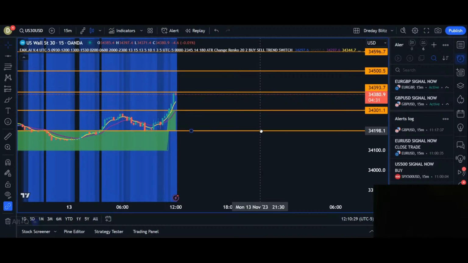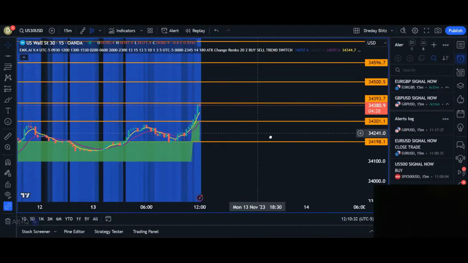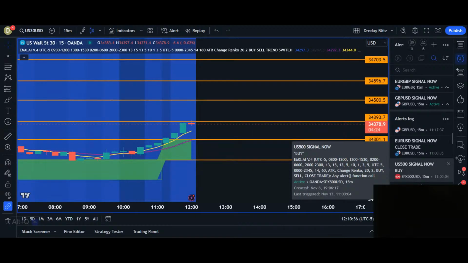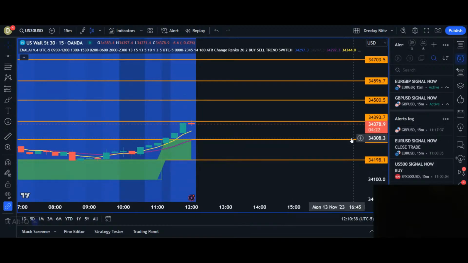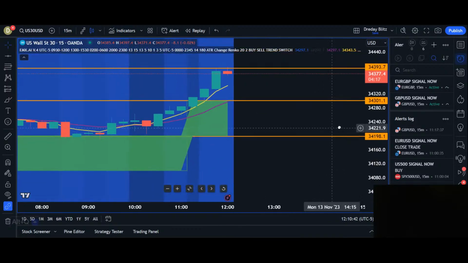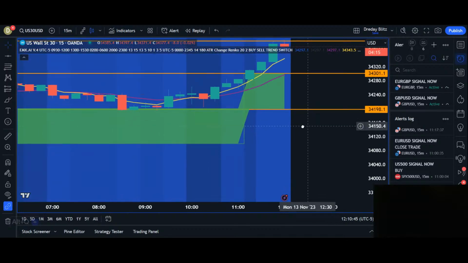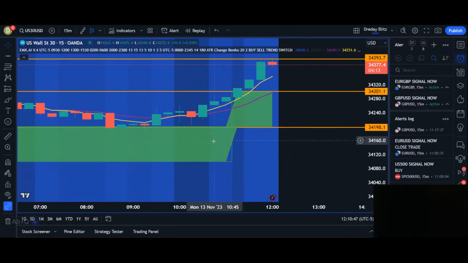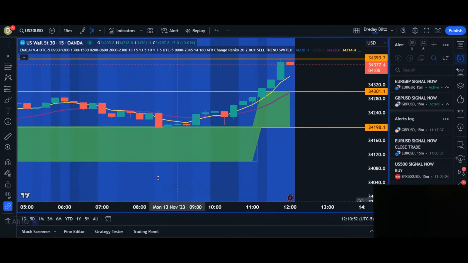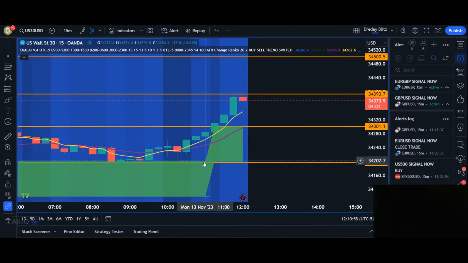Okay, so if we go on US 30, let's zoom in. Perfect. So as you can see, let's say you took a trade here on a buy. Let's say you took a trade right here.